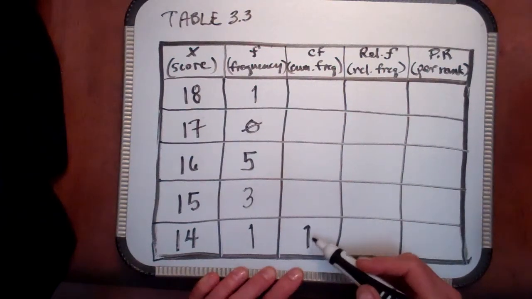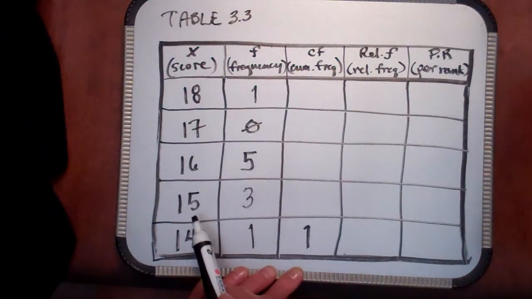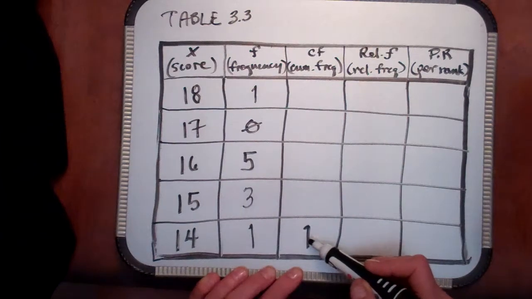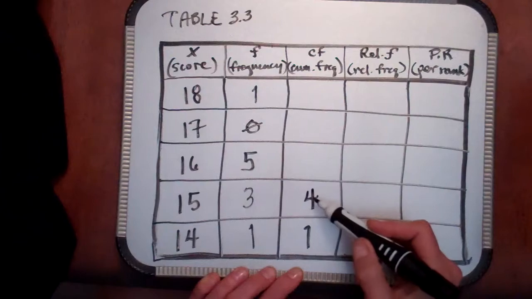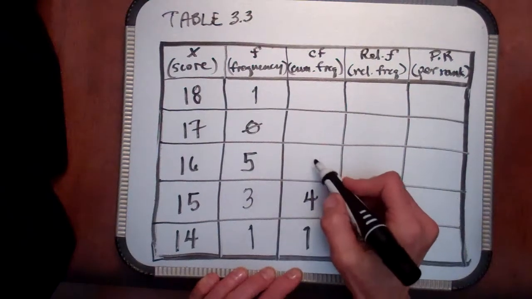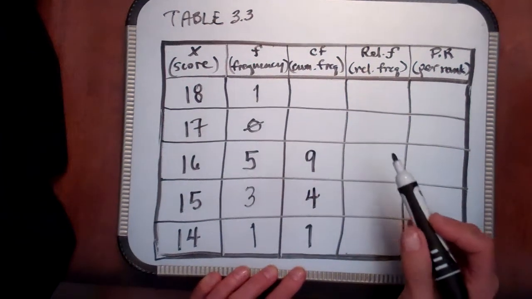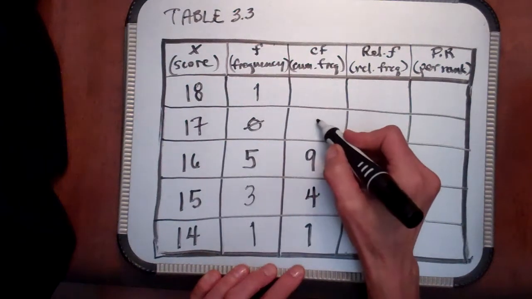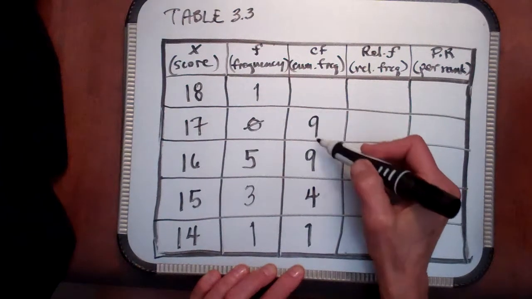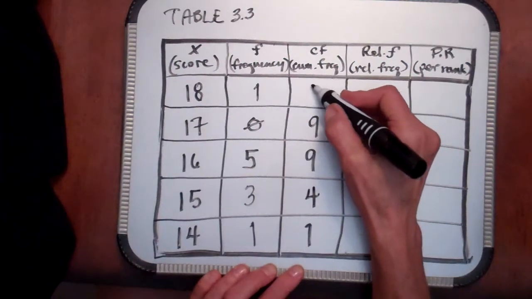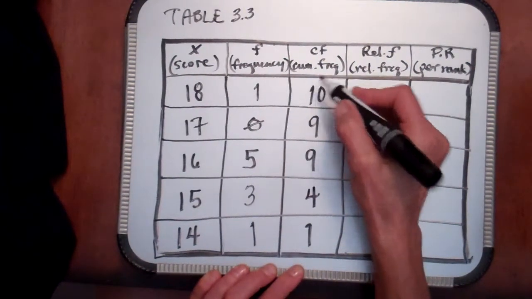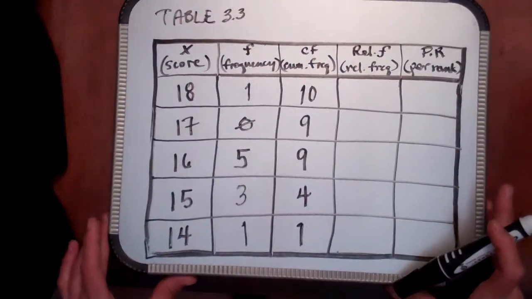So that's a 1. Now, to get the cumulative frequency at age 15, we add 1 to 3 and we get 4. For 16, we add 4 to 5 and we get 9. And 17 is a 0, so that will again be 9. And then for 18, we've accounted for all of our cases. 10, right? And we had 10 cases.